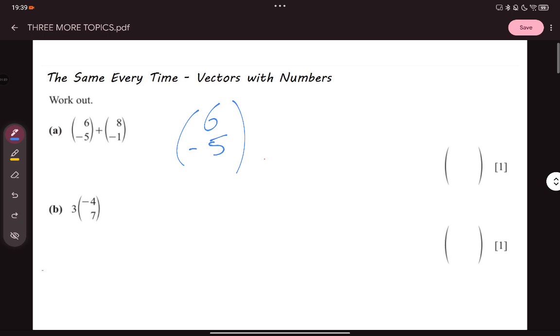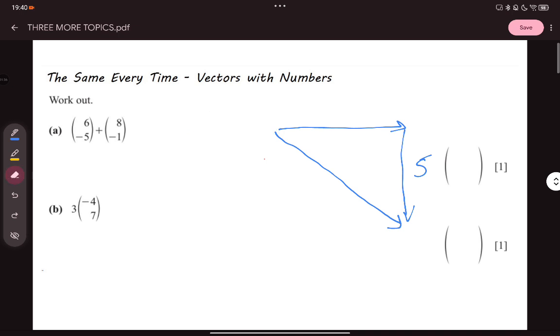So in this case, I'm going to start, say, here, and move 6 squares that way, and then move 5 downwards. So my final movement is from there to there, like that. That's my vector (6, negative 5), 6 across to the right and 5 down.